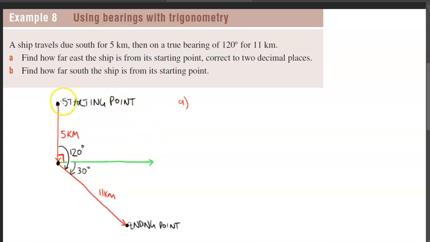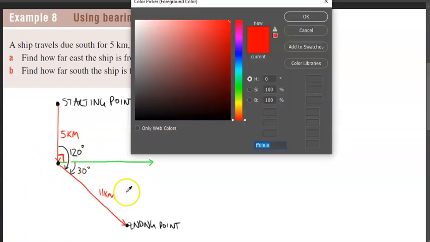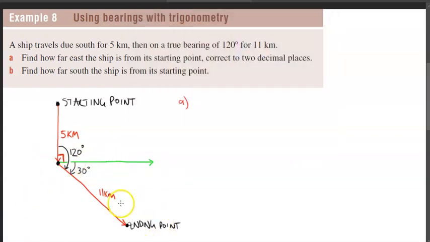So if the starting point is here and our ending point is here, we're looking for what that length is from there to about there, so it lines up. Well, this length that we're looking for is exactly this length here. Just shift it down, because I don't necessarily care about the south part. I care how east it is. And I'm going to draw one more line.